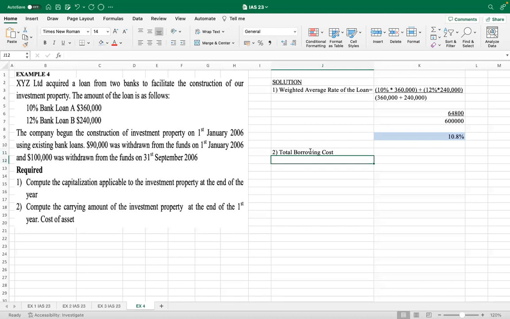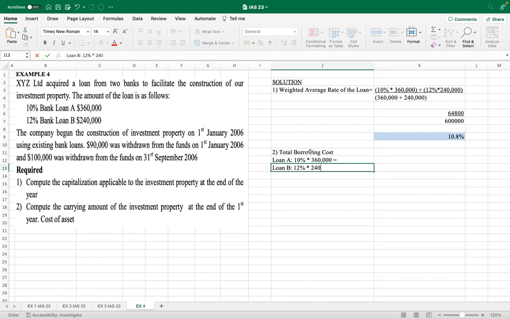Total borrowing cost: for loan A, it equals 10% times the loan that was borrowed, 360,000. For loan B, the amount that was borrowed was 240,000, times 12%.